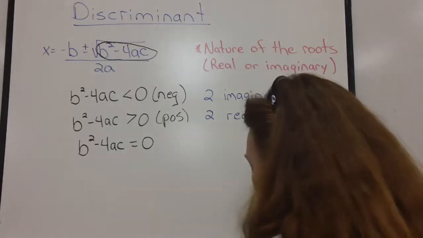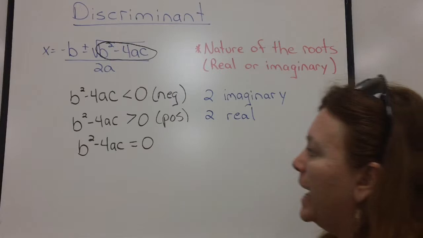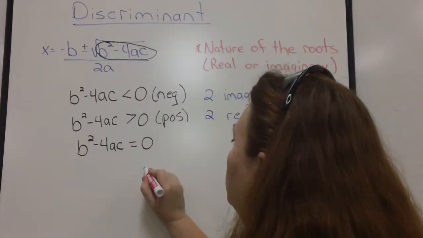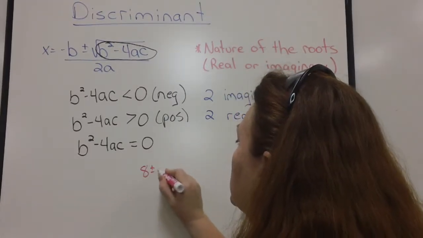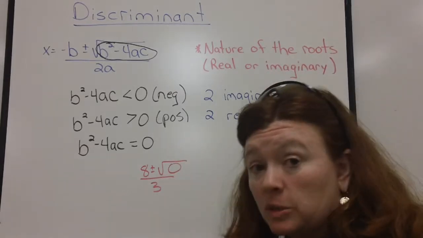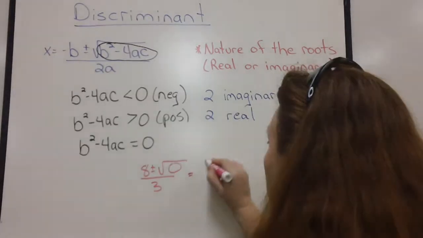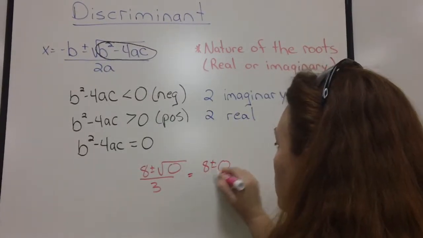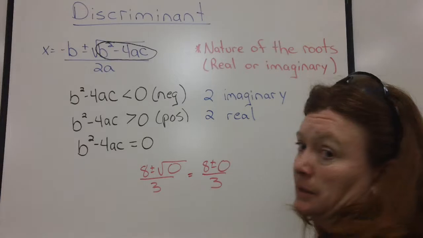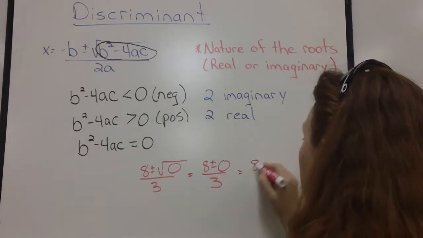Well, let's see what happens. We'll do this off to the side for a second. What if I had 8 plus or minus the square root of 0 over 3? Well, what's the square root of 0? 0. 8 plus or minus 0 over 3. Well, what's 8 plus 0? That would give me 8.